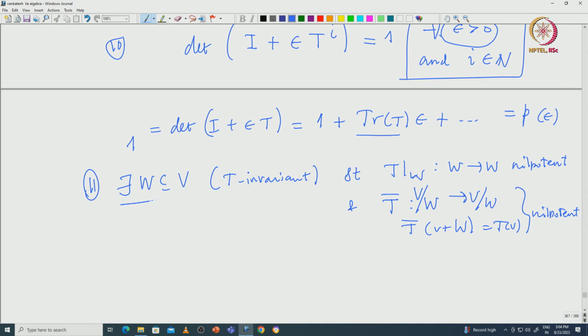For example, you can take this W to be just the kernel of T. Okay. So, that is good enough to prove the converse.